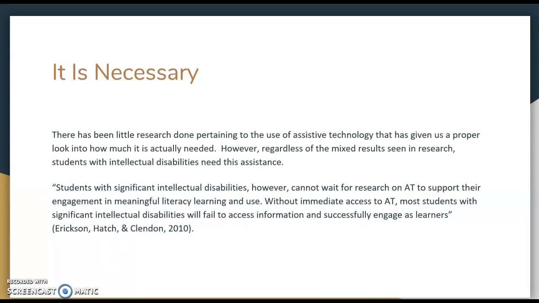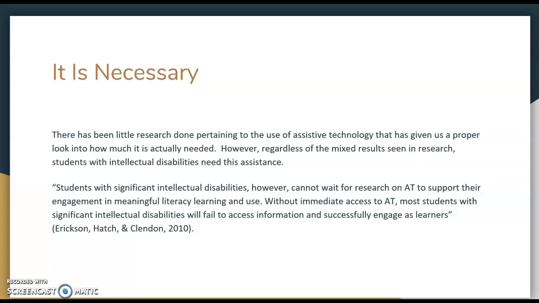So assistive technology is very necessary for a lot of students. There's been little research done pertaining to the use of assistive technology that has given us a proper look into how much it is actually needed. However, regardless of the mixed results seen in research, students with intellectual disabilities need assistance.